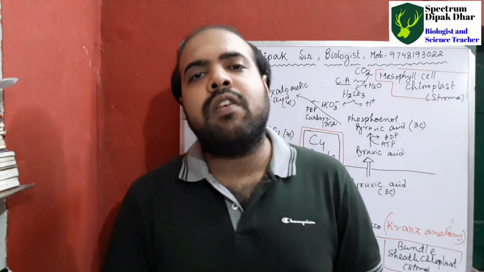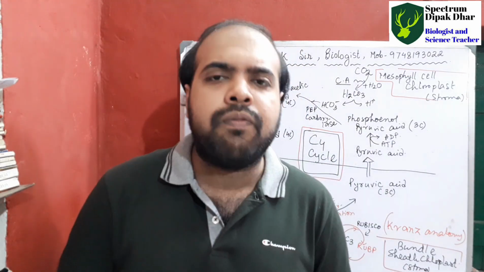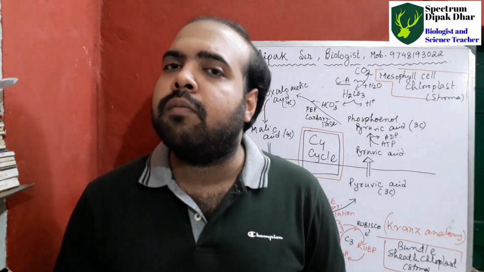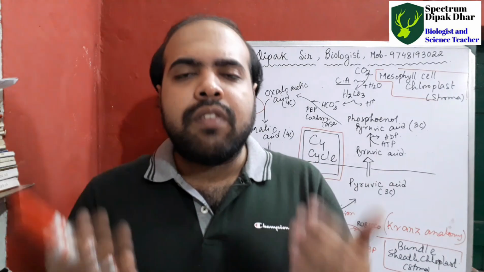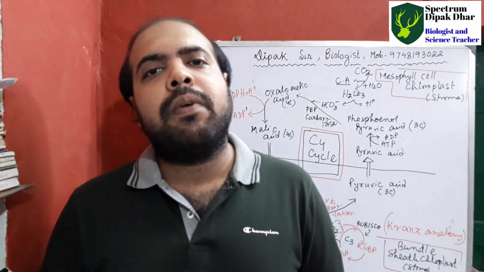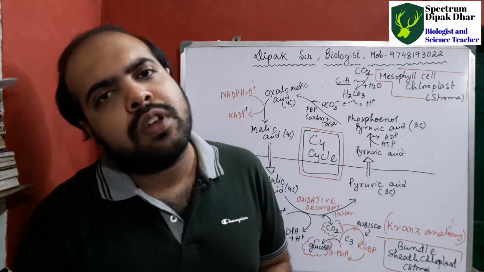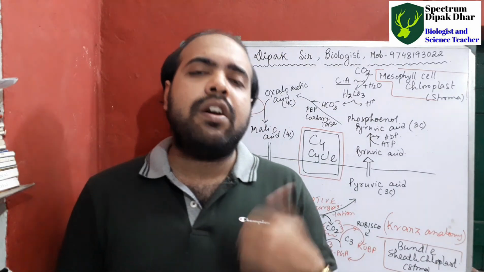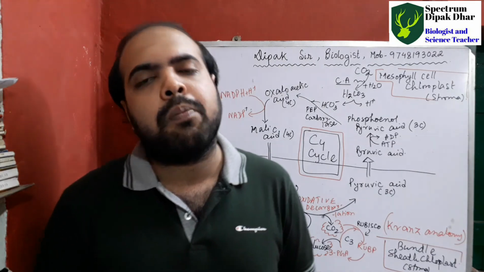That means C4 plants can fix carbon dioxide even if there is a very small amount of carbon dioxide in the atmosphere. And the last one, carbon dioxide fixation occurs by two different enzymes in two different locations: in the bundle-sheath chloroplast by Rubisco, and in the mesophyll cell chloroplast by PEP carboxylase.